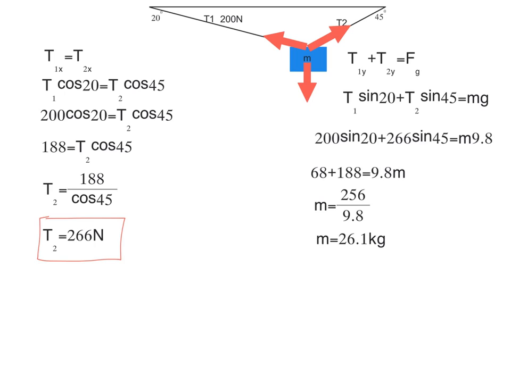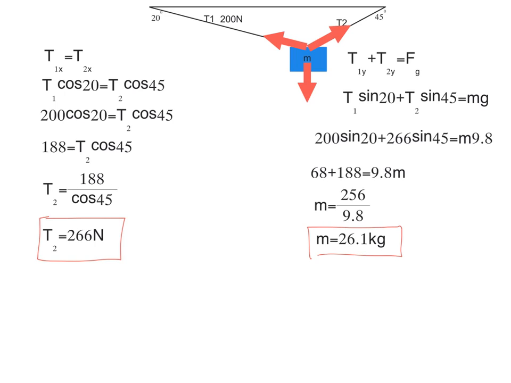Excellent. There's our second answer. So 26.1 kilograms, you multiply that by 2.2, you're over a 50 pound kid. So that's a fairly heavy child. You know, I think my daughter is around 50 pounds right now, so that sounds about right.